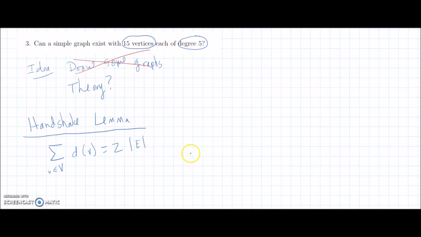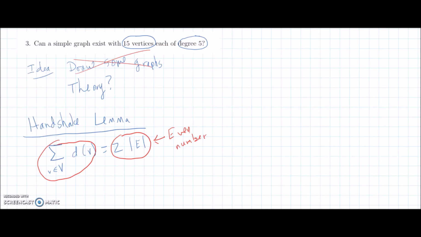Notice that nothing in the statement of the problem talks about edges, okay? But we know that the sum is 2 times the number of edges, and any number times 2 will always be even. So if we add up the degrees of each vertex, that has to be an even number.